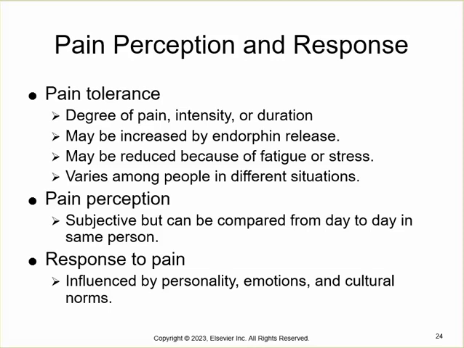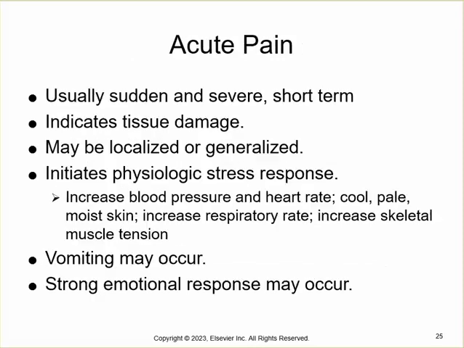Oftentimes, when we're very young or when we're very old, our responses to pain are greater than when we're middle-aged and stoic. So we've already talked about acute pain. It's severe, it's sudden, it's usually indicative of tissue damage. For the most part, it's localized, but it can be generalized in cases like myocardial infarction.